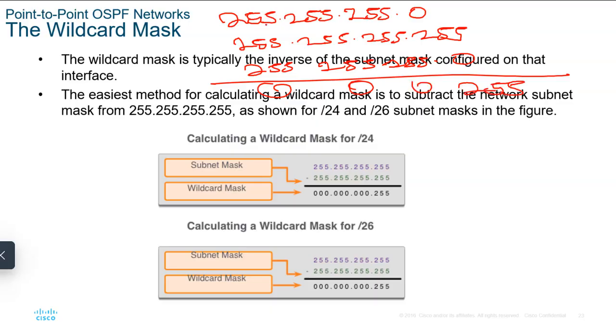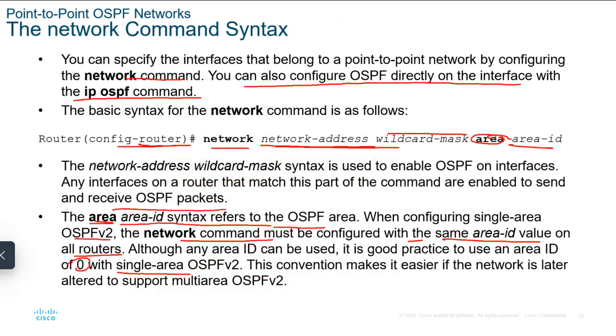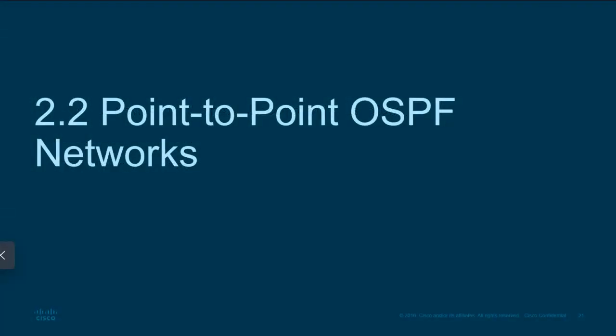In other words, it is the inverse. Let's assume that we have 255.0.0. The inverse here will be 0.255.255.255.